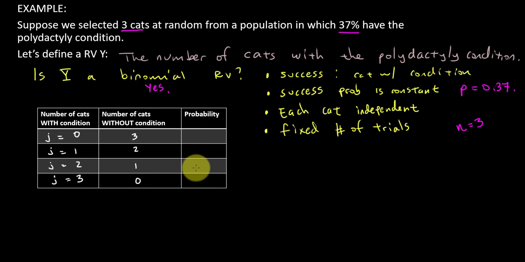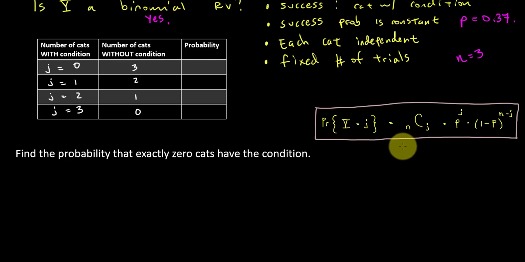And now we're going to find the probabilities for these values of successes. We're going to need that formula from above. I'll copy and paste it below. Okay, I've copy-pasted our formula from above, and we're going to start finding these probabilities. Let's start with the probability of exactly 0 cats with the condition.